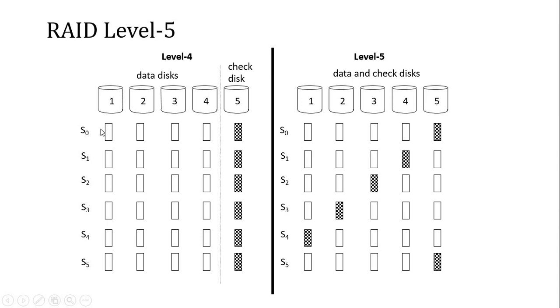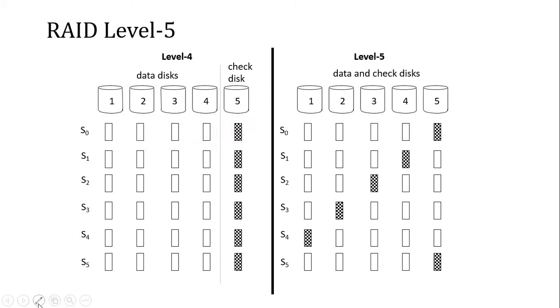Say S0 is data. In S0 data there are 4 parts: S1, S2, S3 and S4. These come from different disks, but the checking disk is disk 5. So S0 will be checked by disk 5.